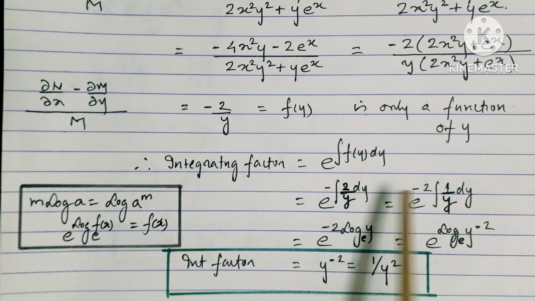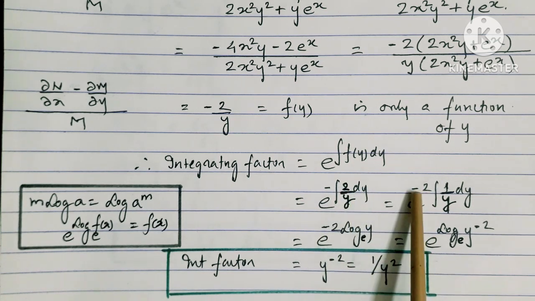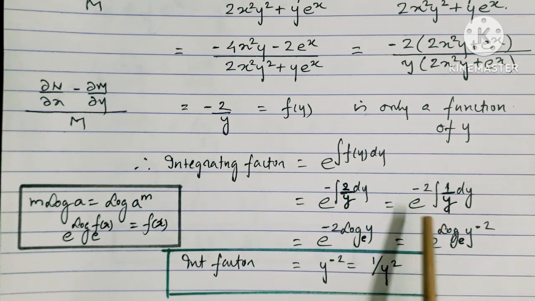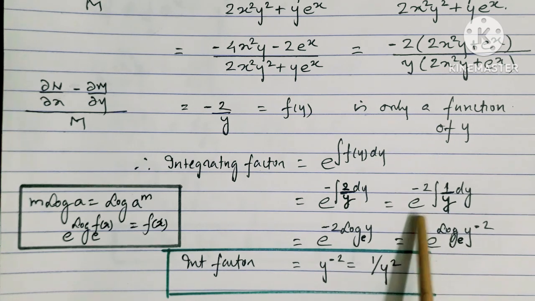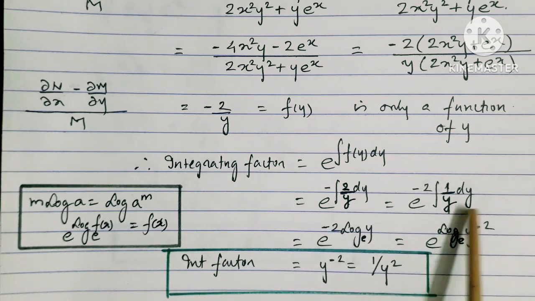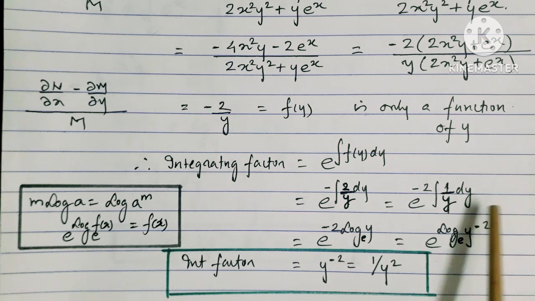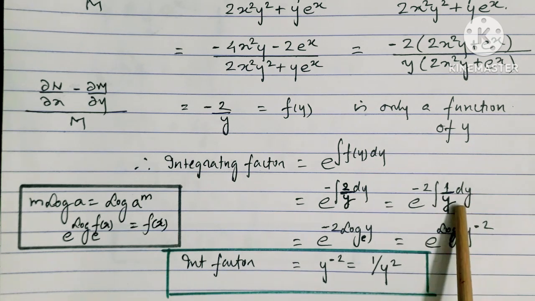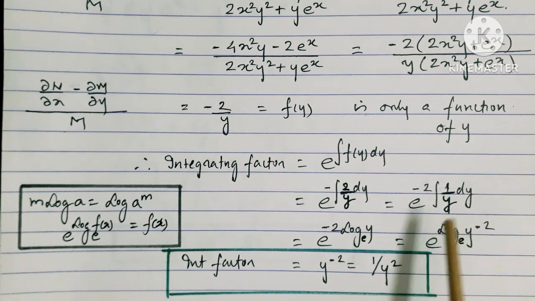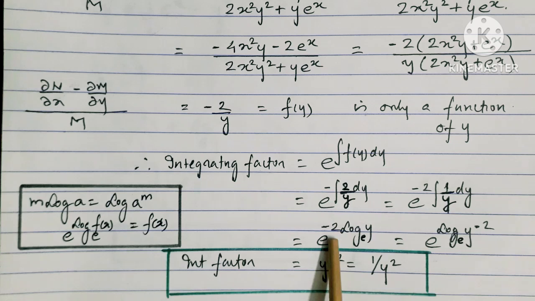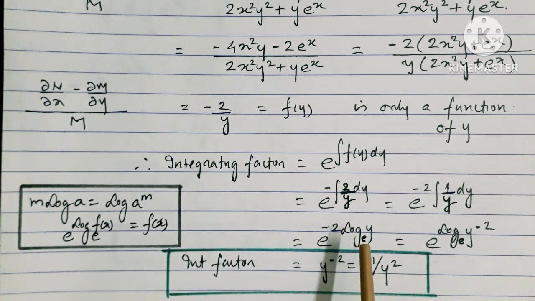Now, we can pull out the 2 outside the integral as 2 is a constant. Now, this would be e raised to minus 2 times the integral of 1/y dy. Now, the integral of 1/y dy is equal to log of y to the base e. Hence, the integrating factor will be equal to e raised to minus 2 log y to the base e.